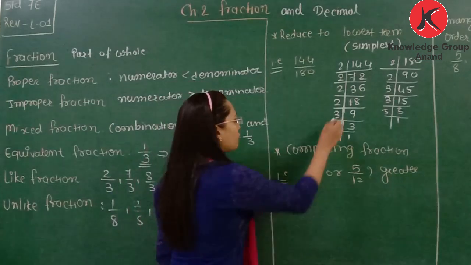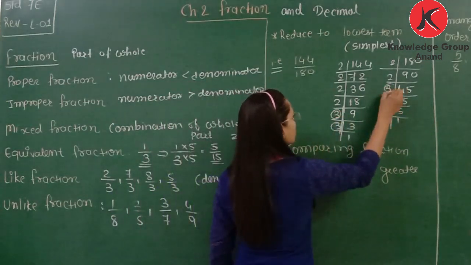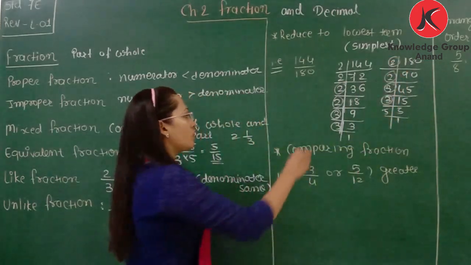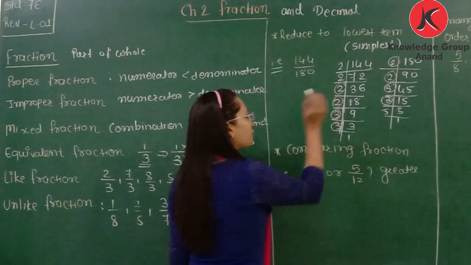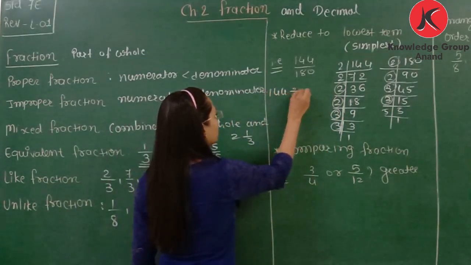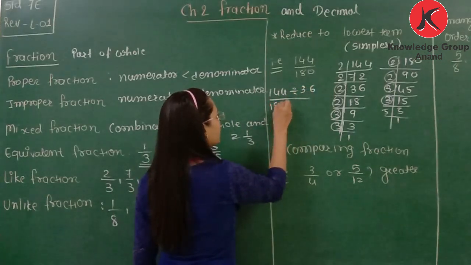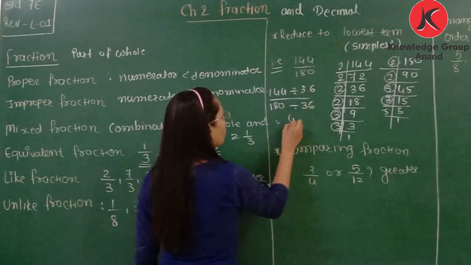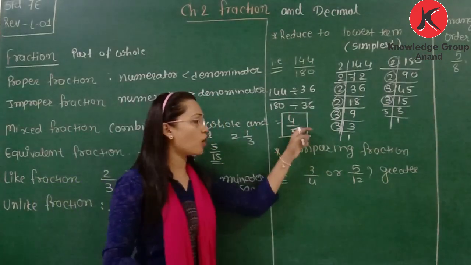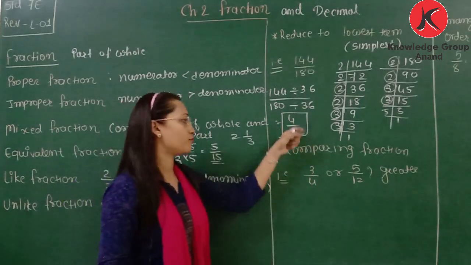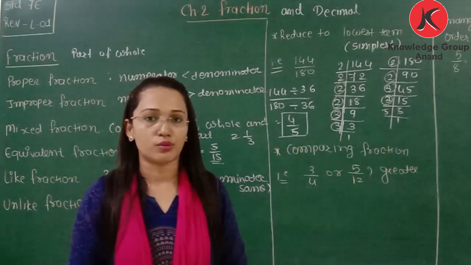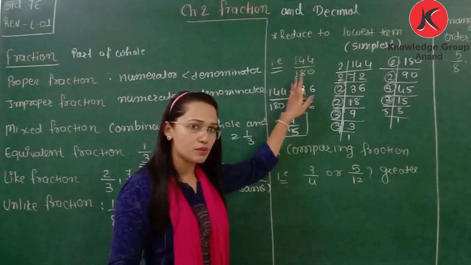So now find the common factors: here 3 3, here it is also 3, 2 2, here it is also 2. So what is the HCF? 3 3s are 9, 4 9s are 36. So if we divide 144 by 36 and 180 by 36, we will get 4 by 5. So this is called the reduced form. Now there is no common factor other than 1 between 4 and 5. This is the reduced form or simplest form.